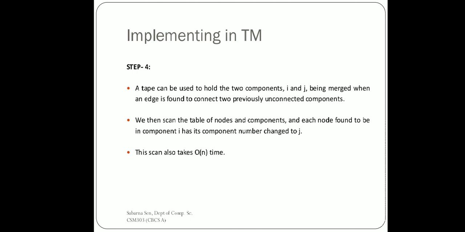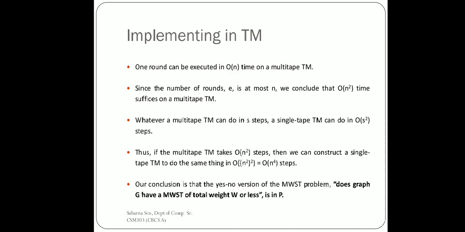What is our next way out? We have to move to the next vertex, so the next scanned symbol is my next vertex, and that is why we move there. Whatever you are doing, picking up an edge or traversing in any direction, everything can be done in order of n time, right? Now this is one round.